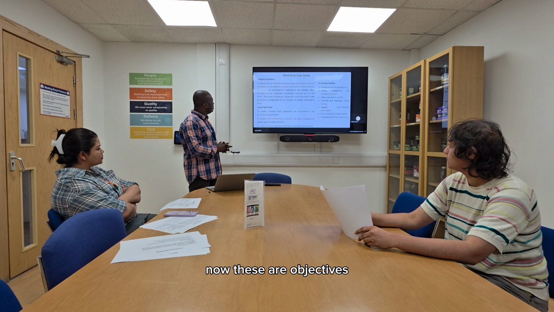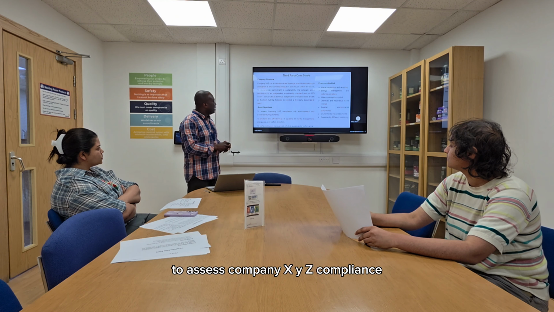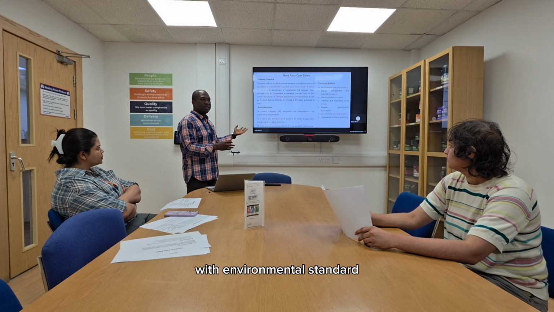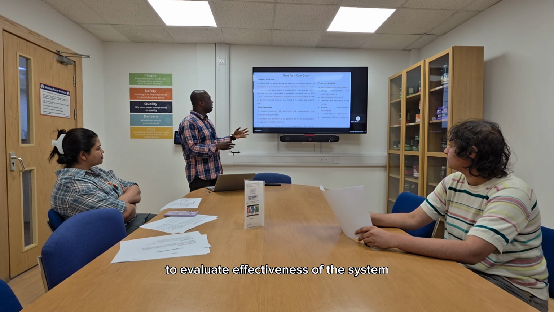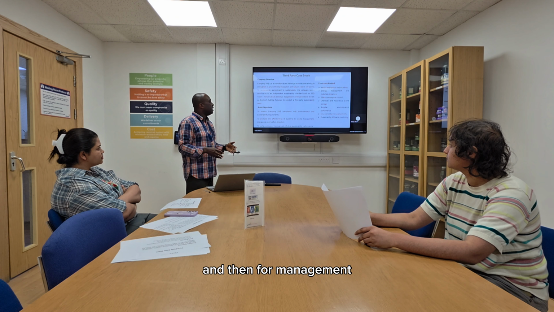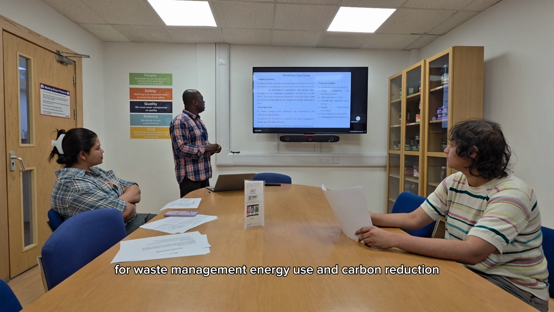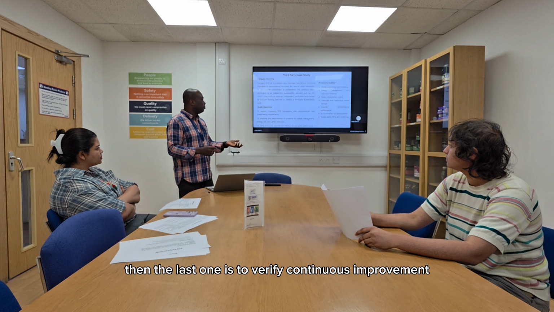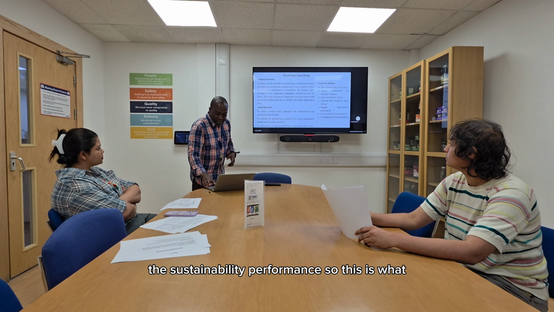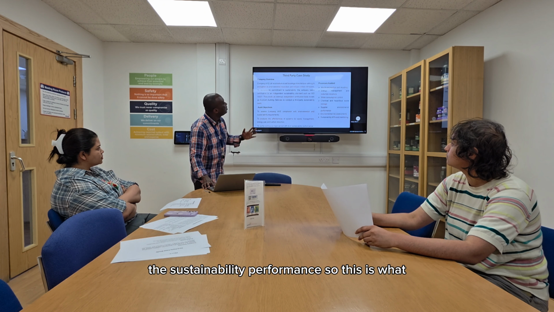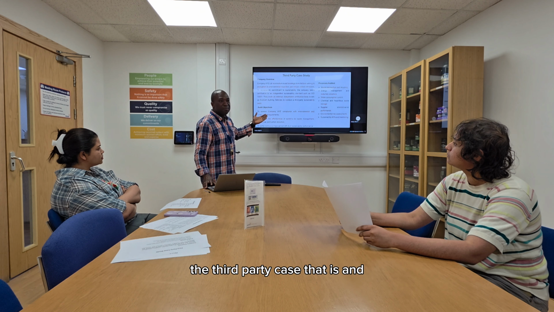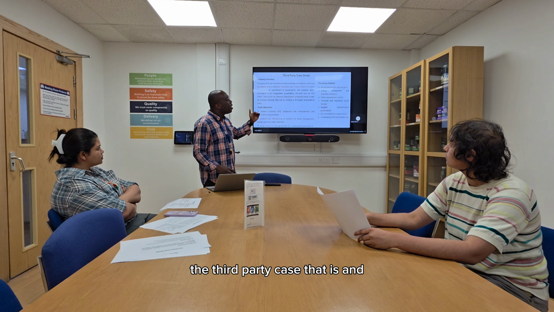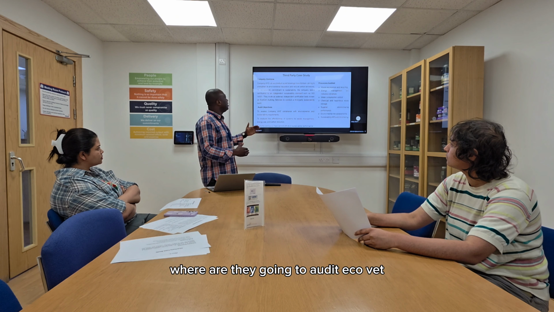Now these are the objectives: to assess company XYZ's compliance with the environmental standard; to evaluate effectiveness of the system for waste management, energy use, and carbon reduction; and the last one is to verify continuous improvement in the sustainability performance. So this is what the third party case study is, and where are they going to audit?